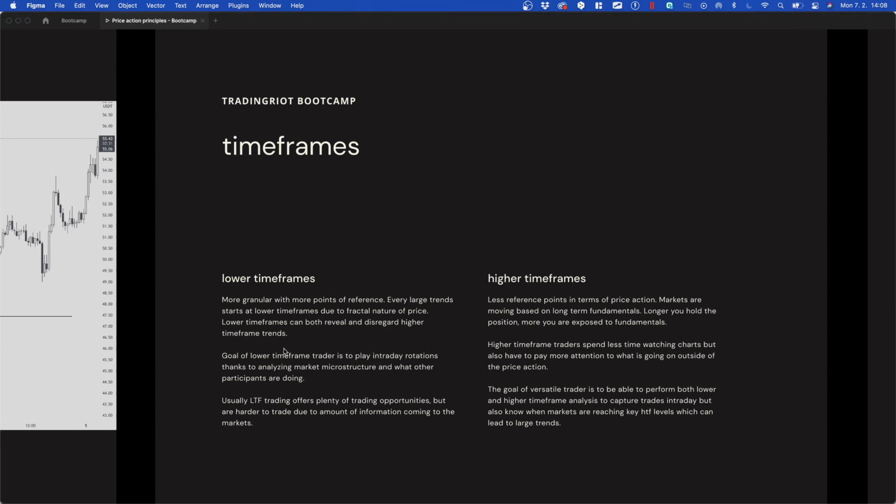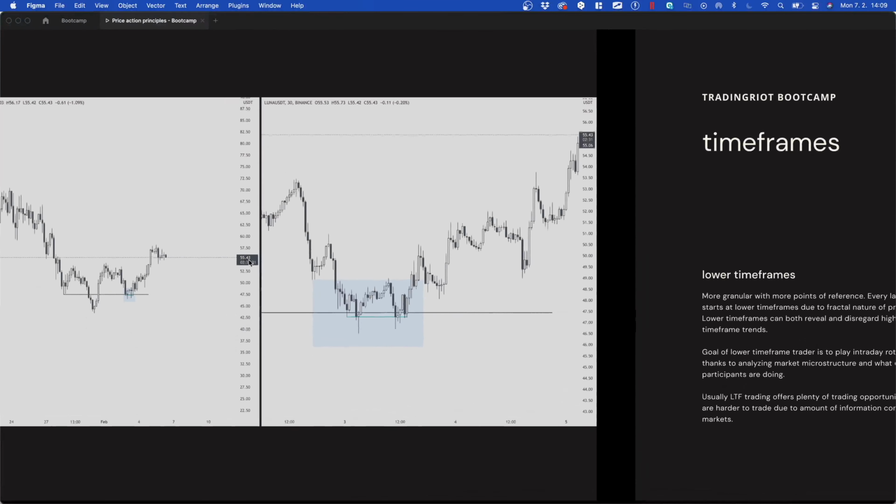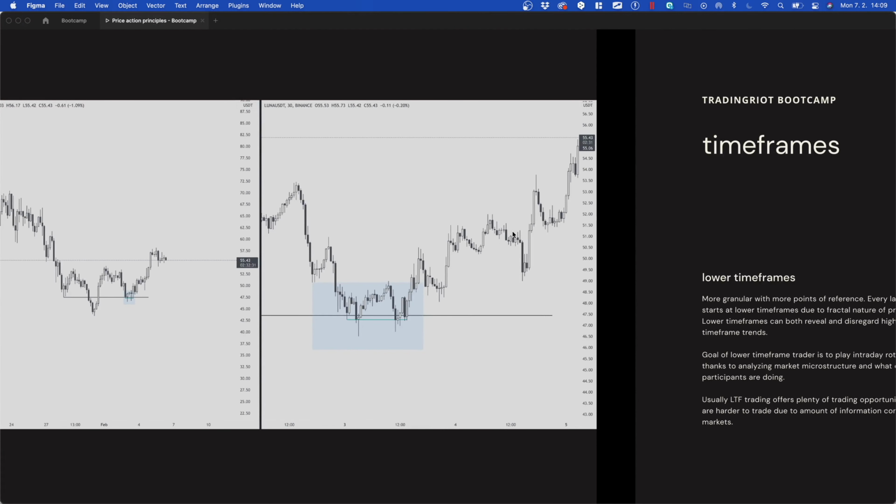Usually low time frame trading offers plenty of trading opportunities, but is harder to trade due to the amount of information coming into the markets. This is the thing that I mentioned regarding the granularity of lower time frames. If, for example, people who only trade market structure are watching these breaks of structure, you will see plenty of them during the day.